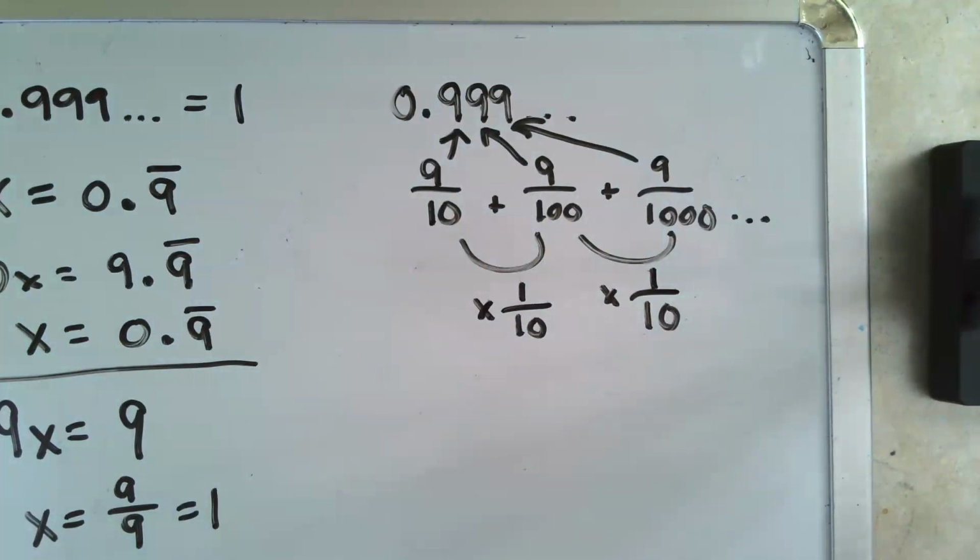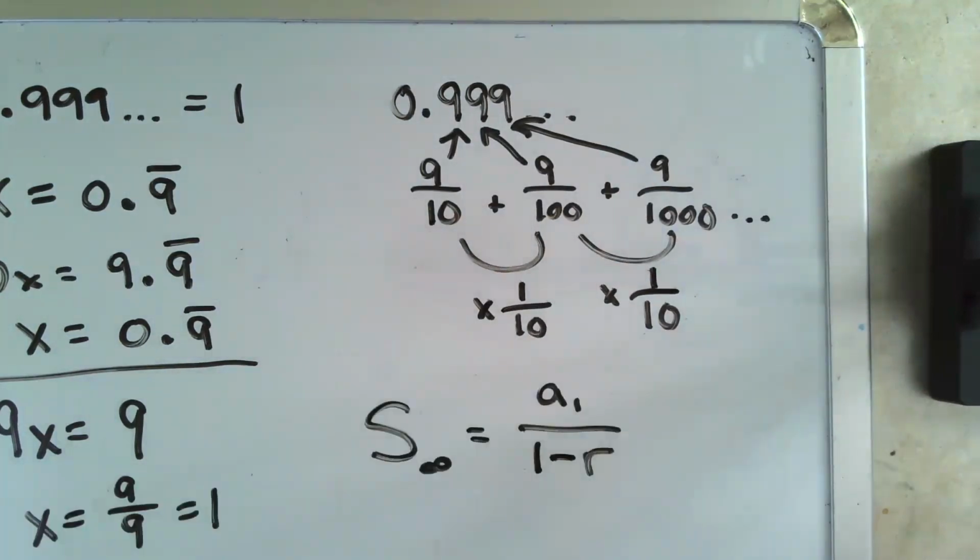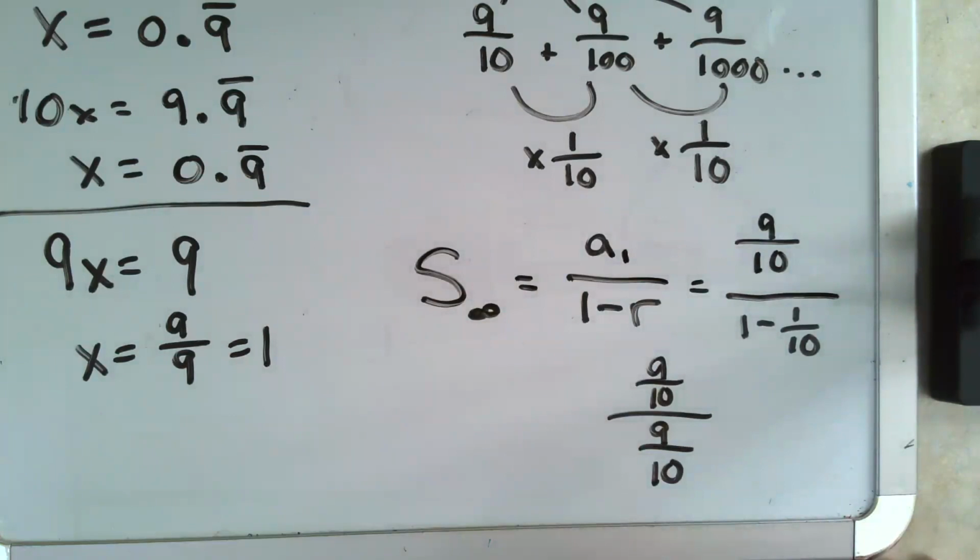And I know that I can sum an infinite geometric sequence using this formula. The sum of an infinite sequence equals a sub 1, the first term, over 1 minus the common ratio. So using these numbers, that goes, which simplifies to, and once again, I have proven that 0.9 repeating equals 1.